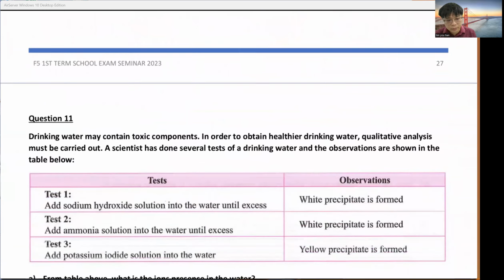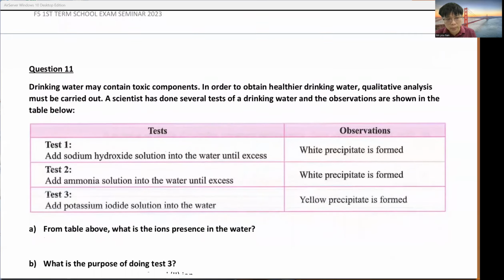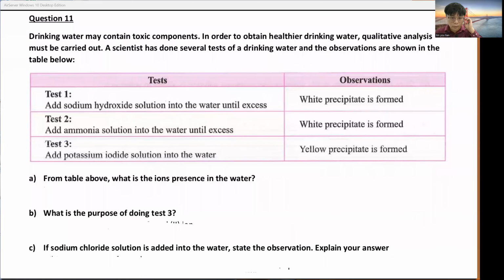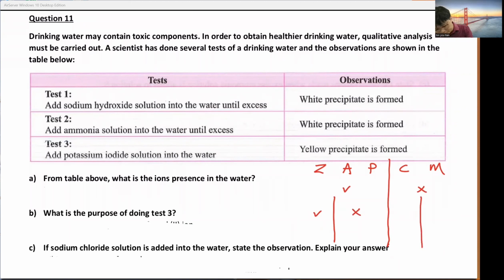Then we move on to this one. We will try to write out the ZAPCM again together. You need to know how to draw this one. ZAPCM, thick cross, thick cross, thick cross, and thick cross.